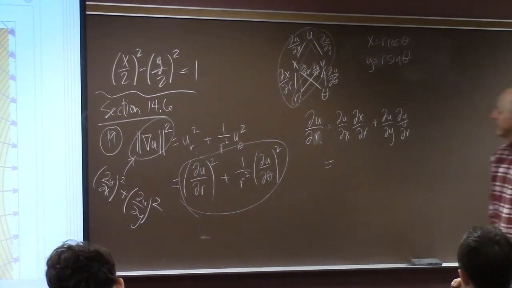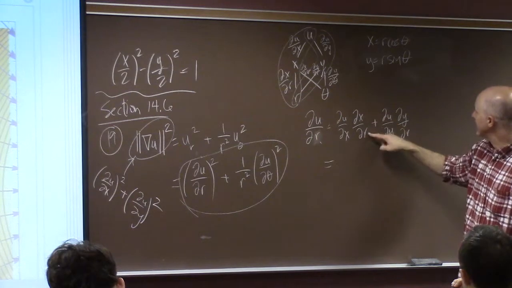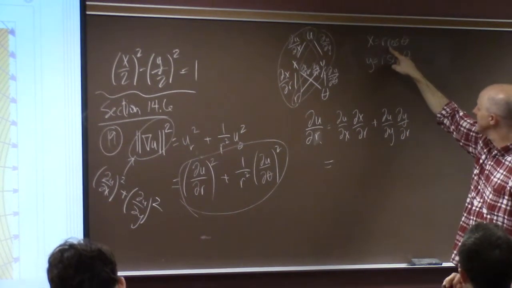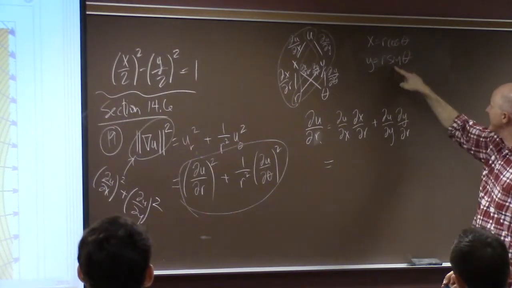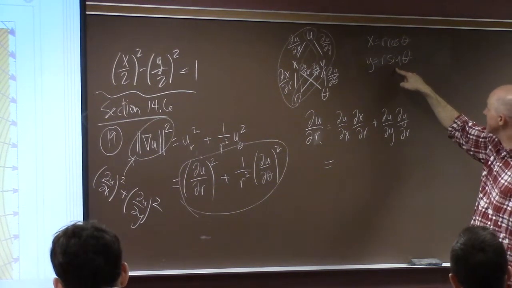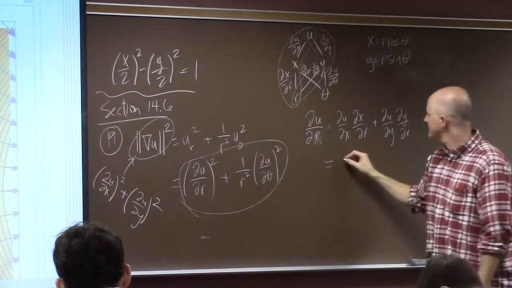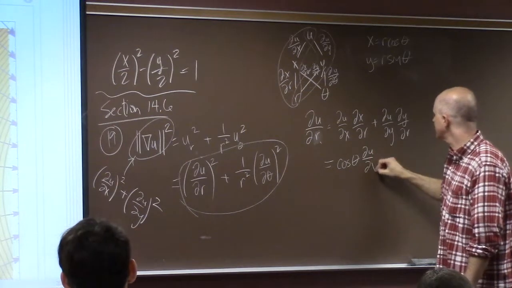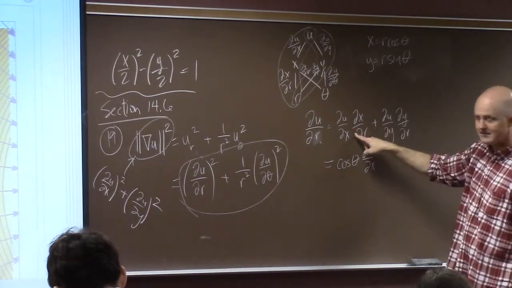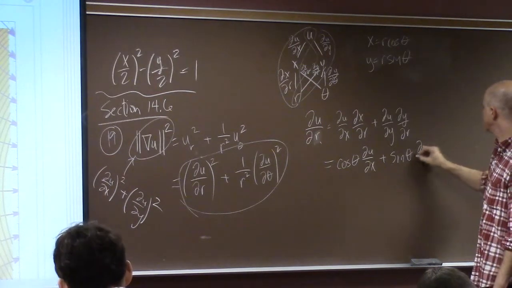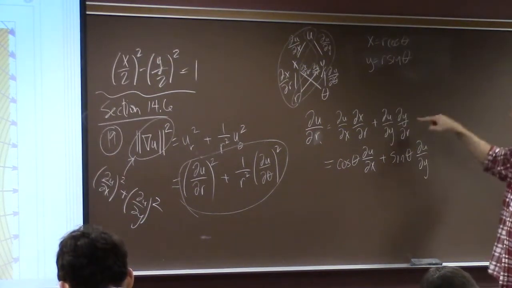Showed you this last week. dx dr, treat the theta as a constant, is just cosine of theta. And dy dr, treat the theta as a constant here, and you get just sine theta. So this becomes cos theta du dx plus sine theta du dy.